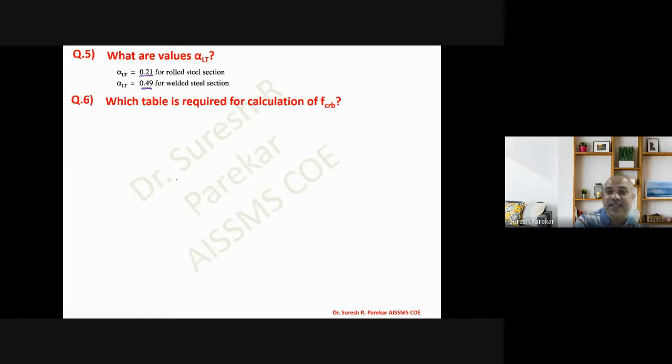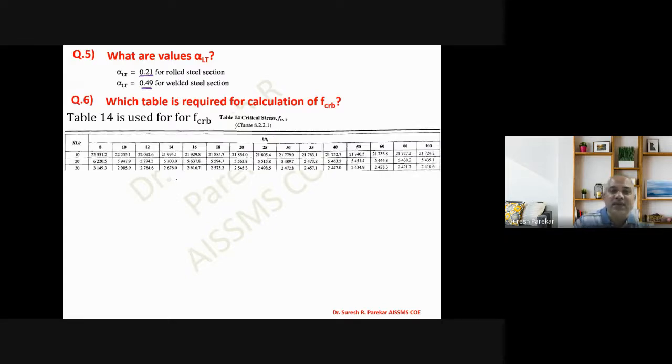Then which table is required for fcrb? So table 14 you can see, and in table 14, this is actually hf upon tf, and hf we have center to center distance between flanges. And then this value depends upon KL upon r. As your KL upon r is increasing, your value of fcrb is decreasing.